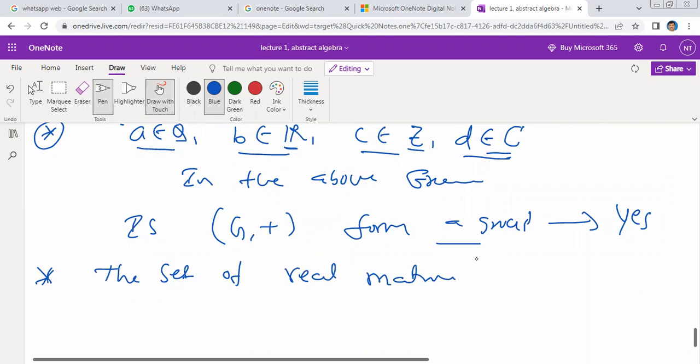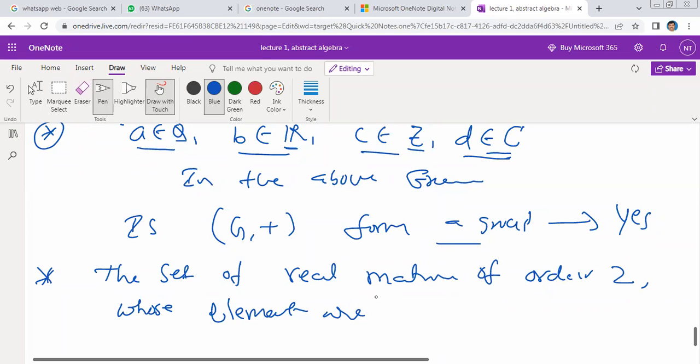Another question: the set of all real matrices of order 2 whose elements are integers modulo 3.